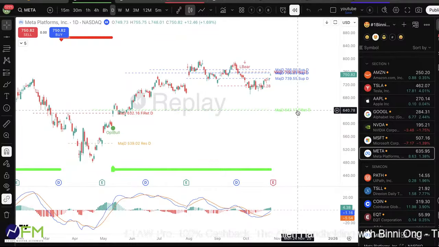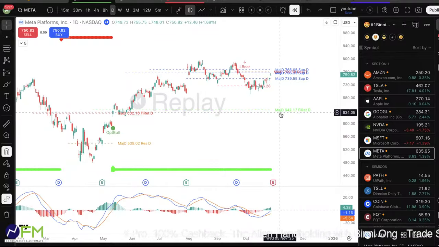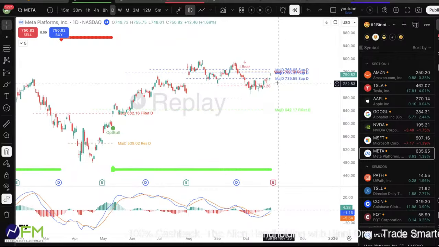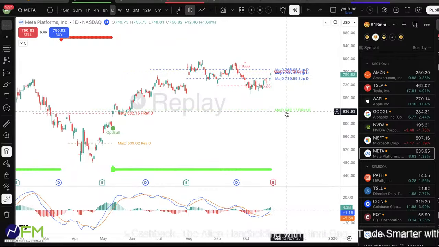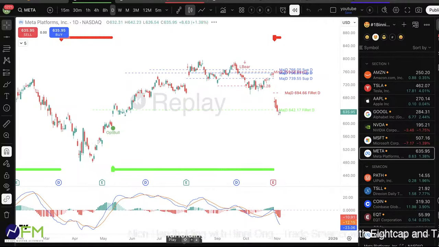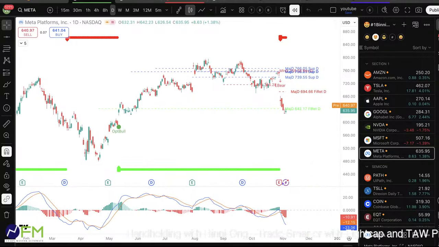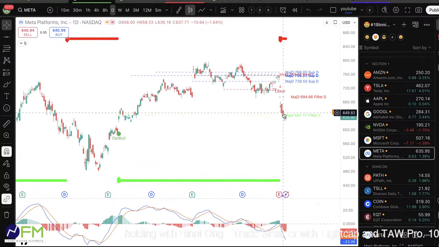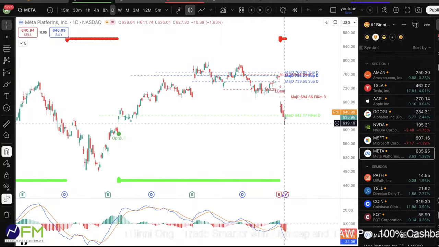But these are advanced predictive levels that we are able to use. When Meta was here, that means if it should drop, then this would be the key level here. Let me just roll to let you see. You see, it's hovering at this moment, and then moving up and down around this very important level.